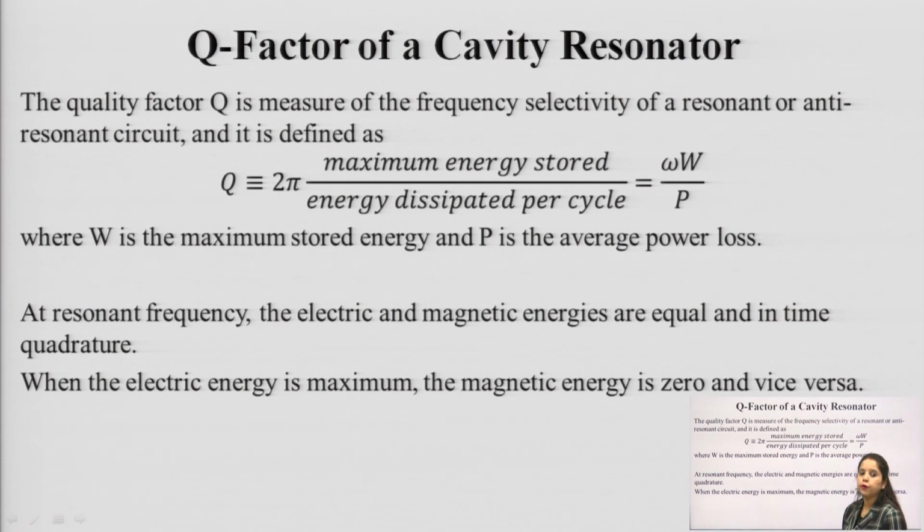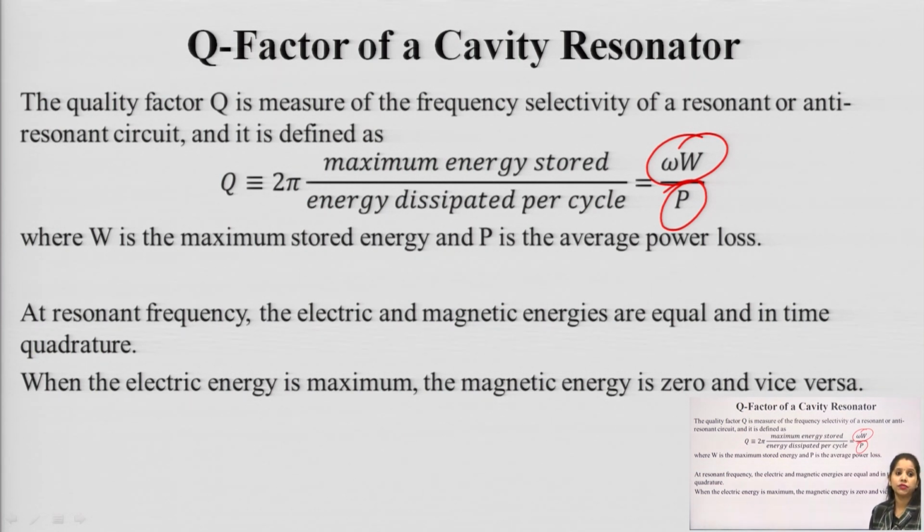Now comes the turn of the Q factor of a cavity resonator. The quality factor is a measure of the frequency selectivity of a resonator or anti-resonance circuit, and is defined as Q equals 2 pi times maximum energy stored upon energy dissipated per cycle. So, this will be omega W, and energy dissipated per cycle is equal to P. If we remember the first slide, in the cavity resonator case the value of quality factor always comes in.